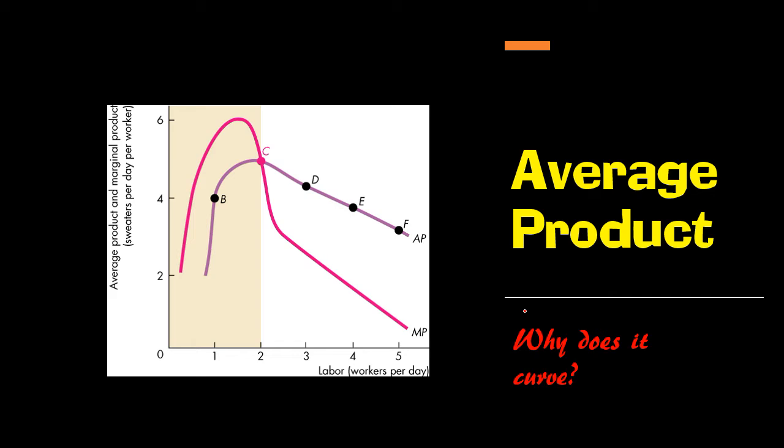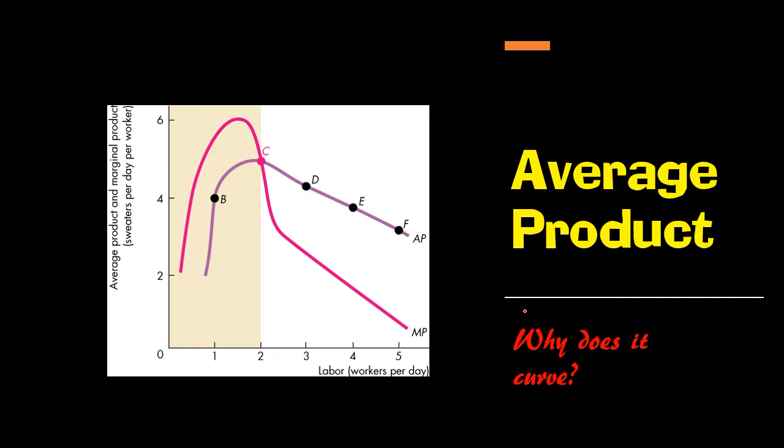Okay? I can also do that average. Remember I did that average? 1 worker produces 5, 2 workers produce 10, right? 3 workers produce 40, whatever it is. I can figure out what the average is. And I can draw the marginal product, and I can draw the average product of A and B and C and D and E and F. The average changes more slowly than the marginal.